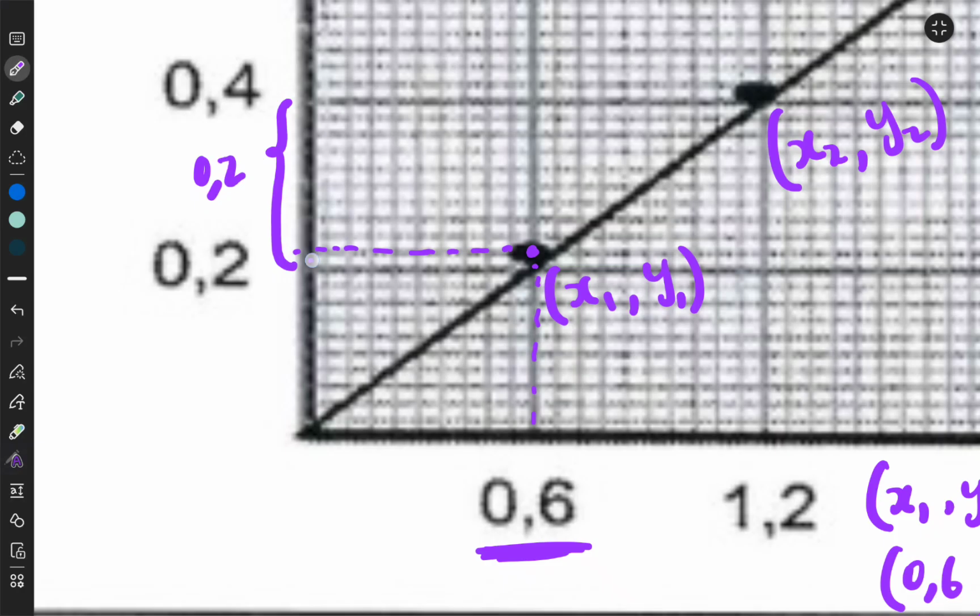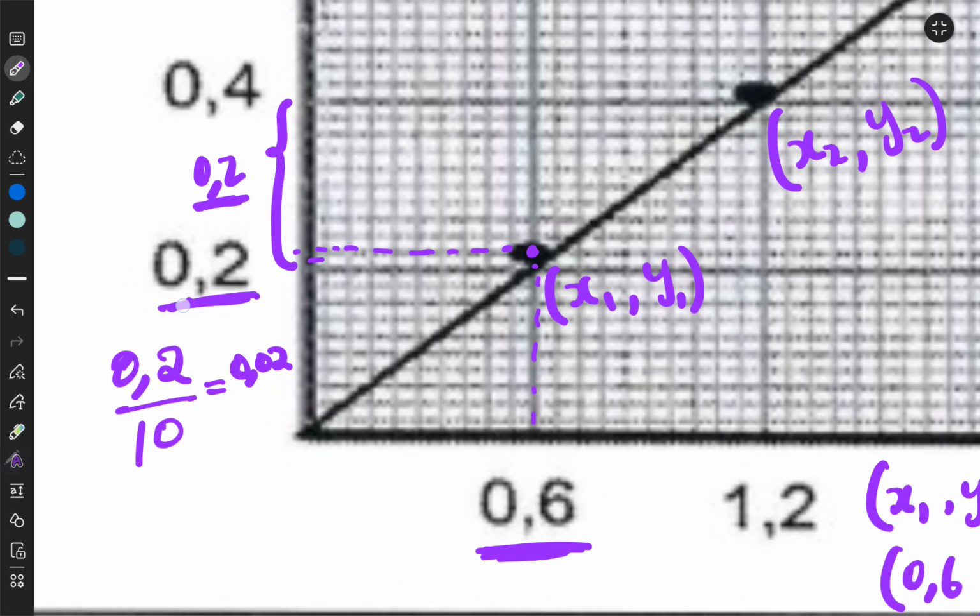And then I count the number of spaces: 1, 2, 3, 4, 5, 6, 7, 8, 9, 10. So these spaces are 10, which means this 0.2 increases in increments of 0.2 divided by 10, so from 0.2 until 0.4, each space will be 0.02, right? So it's increasing by 0.02.